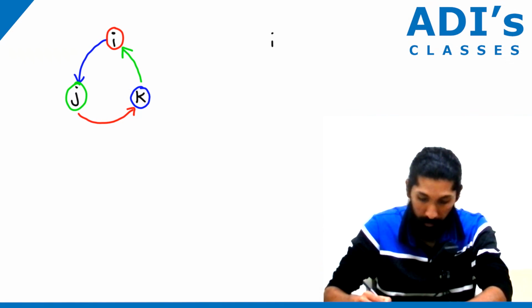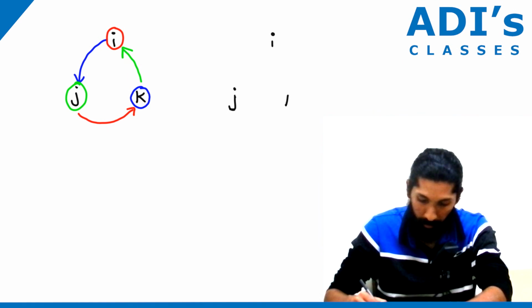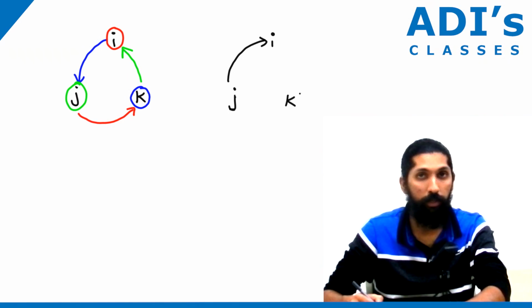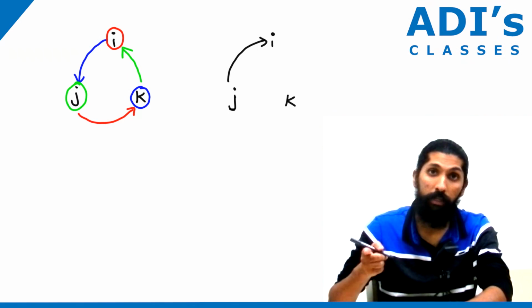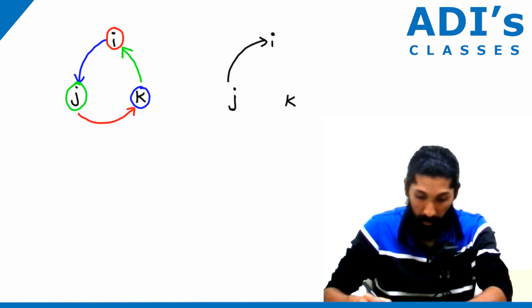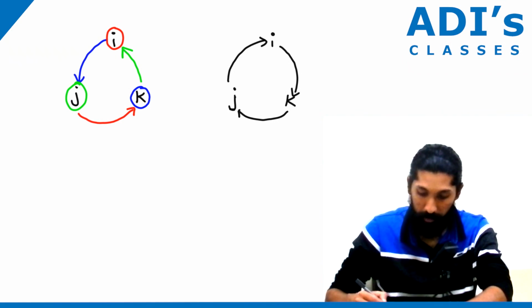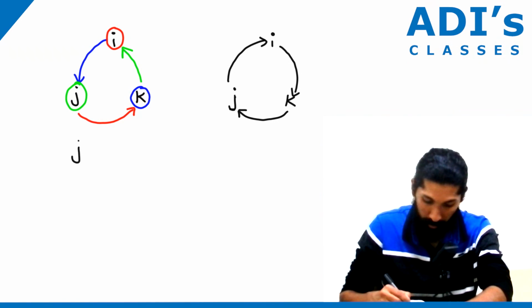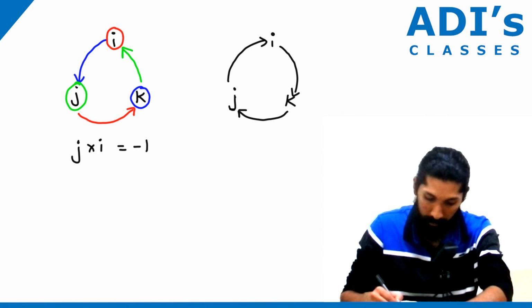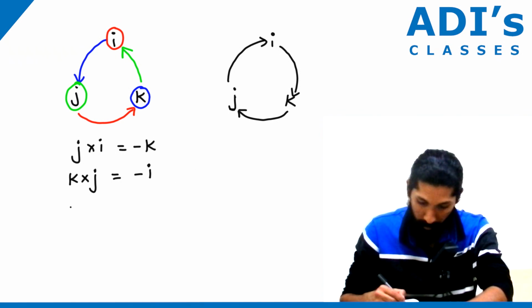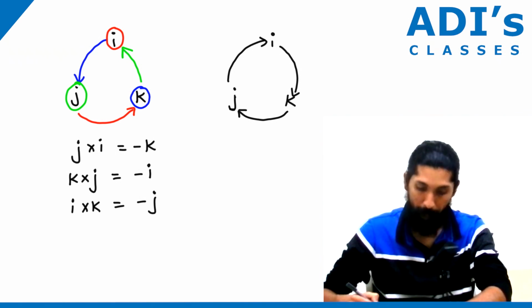Suppose if you do the same thing in the other way around, that is I, J, K. Now if you do J cross I, you're not going to get K. Instead, you will get minus K. Okay, and same thing, I cross K will give you minus J, K cross J will give you minus I. That means here J cross I is minus K. Next, K cross J gives you minus I. Then you have I cross K gives you minus J. Clear?